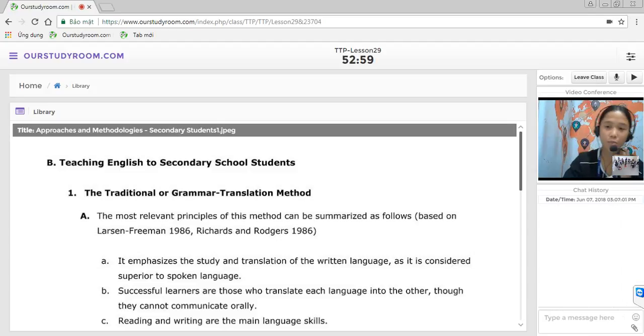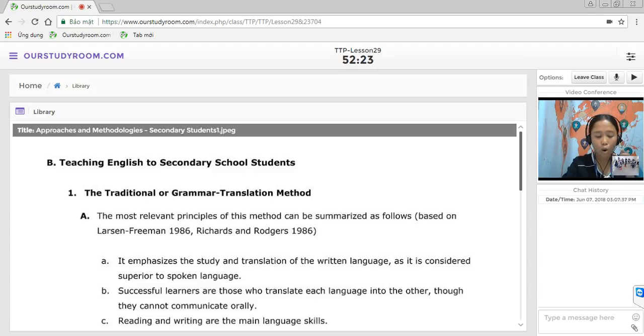In number one, letter A, it says the traditional or grammar translation method. From the word traditional, teachers, we refer to the traditional way of teaching the students. Here in traditional, we focus on the written method of teaching.